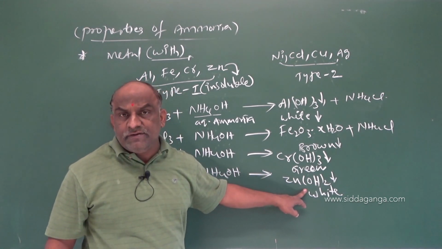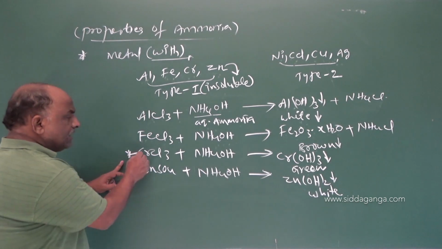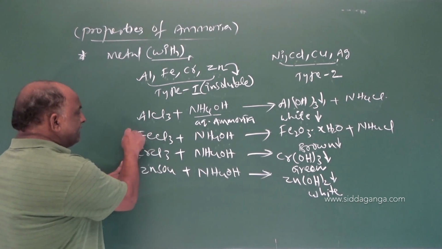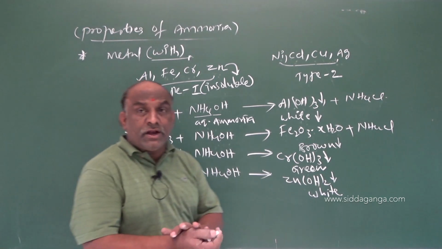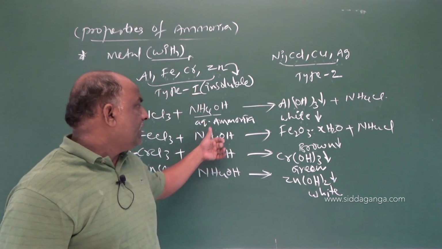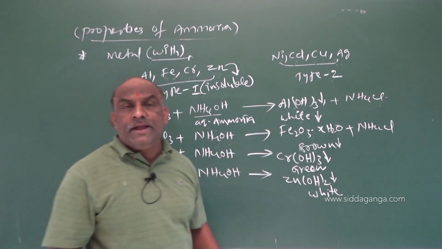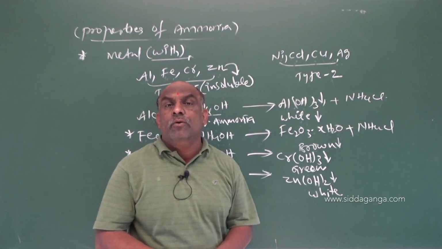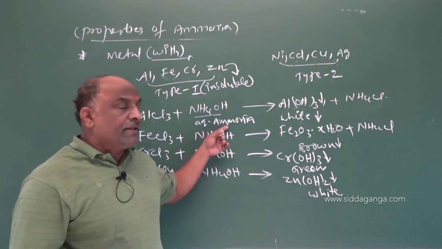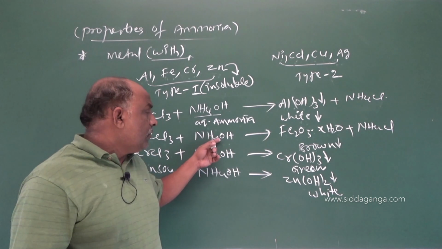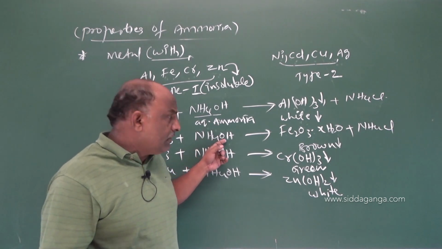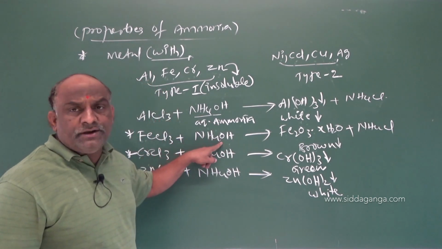Make a note, these colors are very very important, and give a focus regarding CrCl3 and FeCl3, iron 3 chloride, ferric chloride dissolved in aqueous ammonia. What is aqueous ammonia? Aqueous ammonia is also known as ammonium hydroxide. So this is very very important reactions.